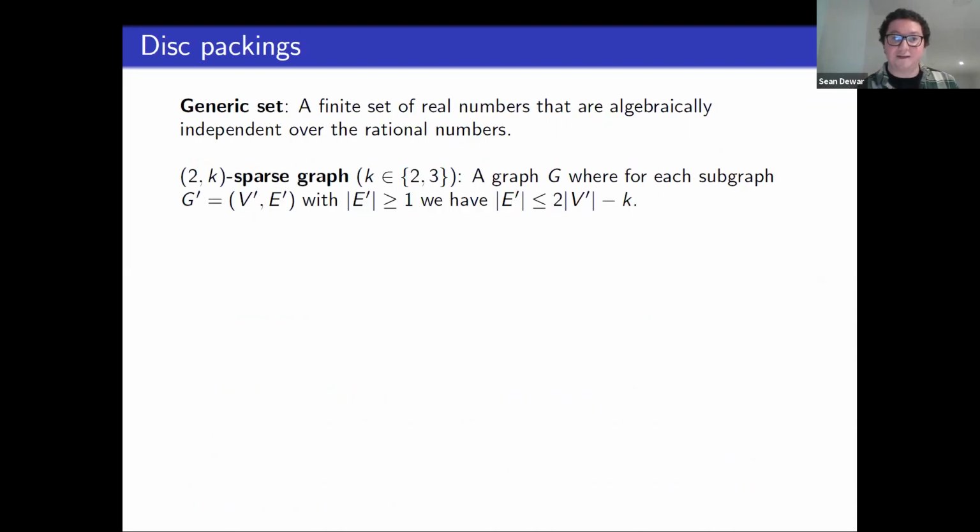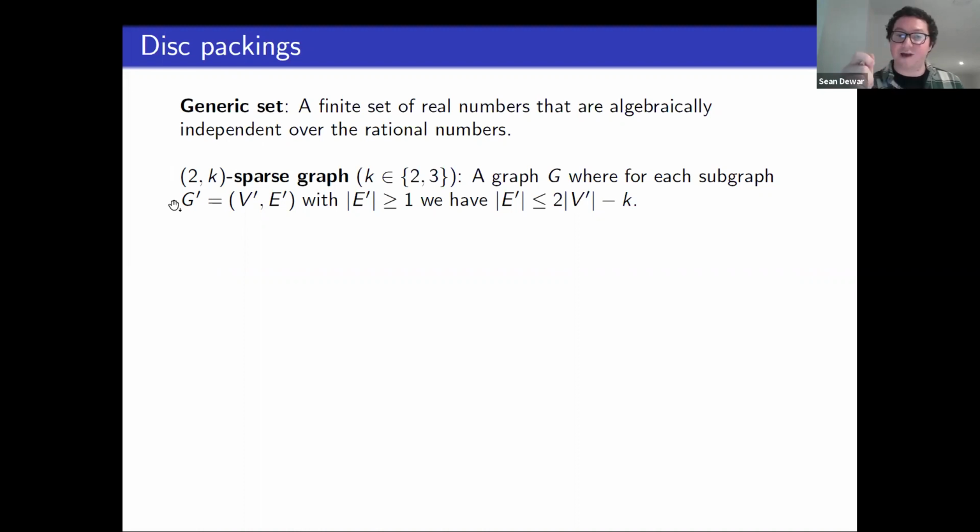Another thing that this work is quite inspired by is some of this stuff about disk packings with generic radii. When I say generic radii, I'm just meaning a set of finite real numbers that are algebraically independent over the rational numbers. I'm also going to be mentioning something called 2K-sparse graphs.